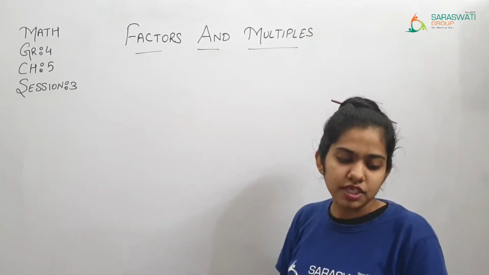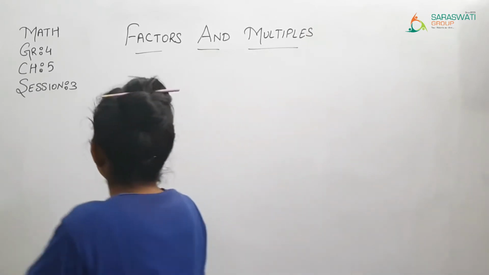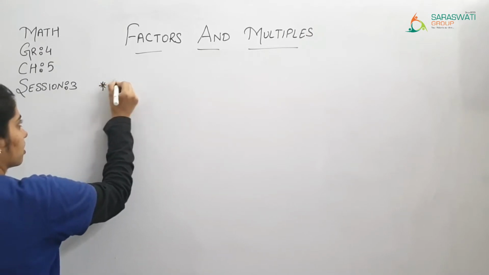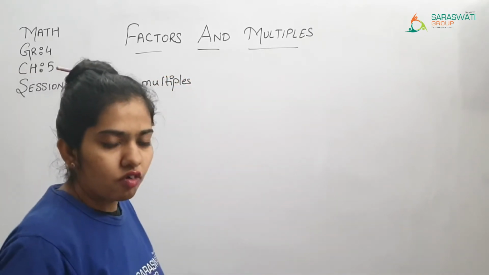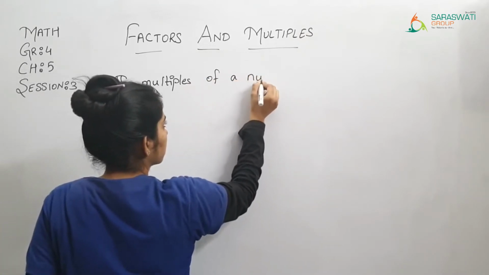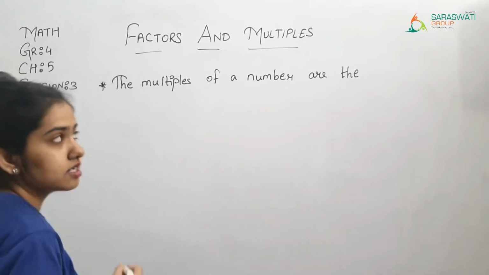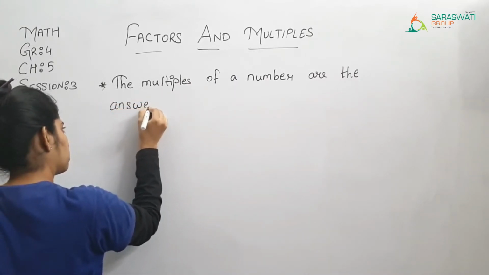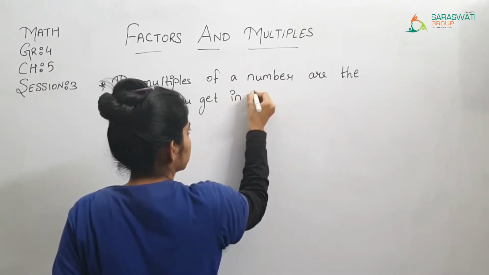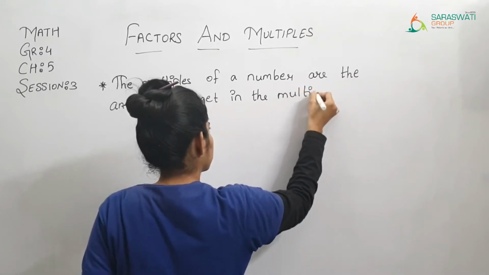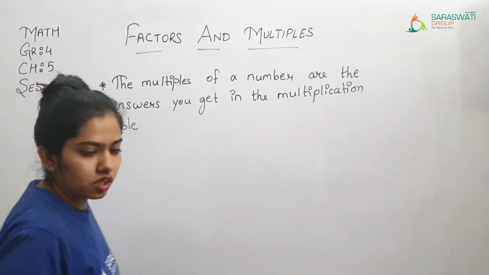So what is a multiple? The multiples of a number are the answers you get in the multiplication table of that number.